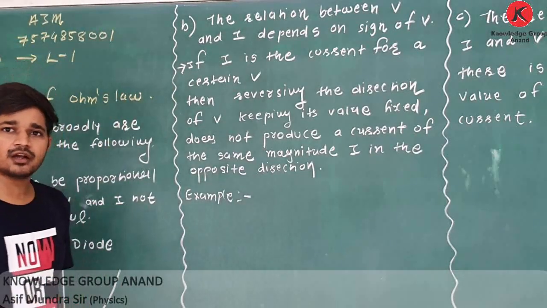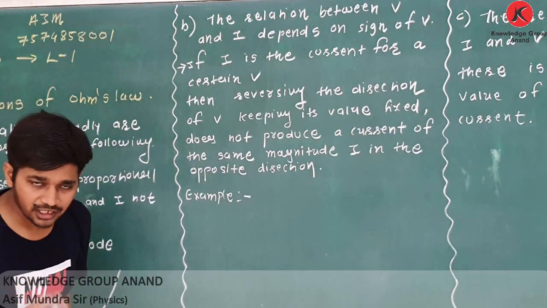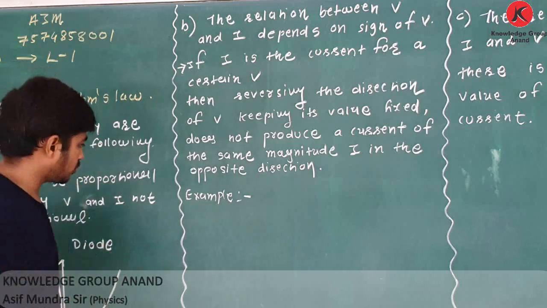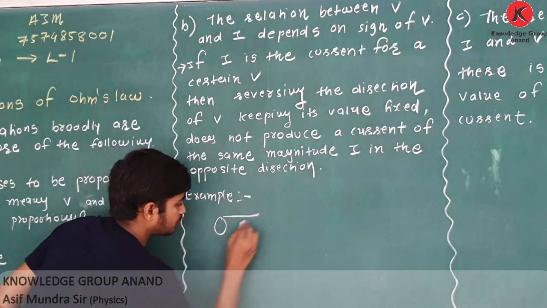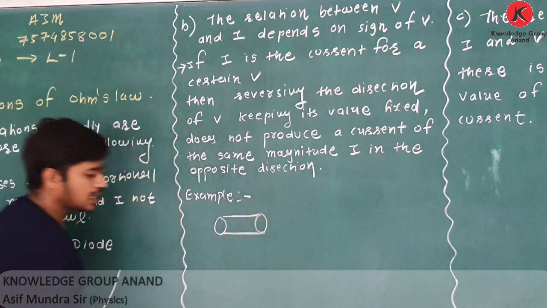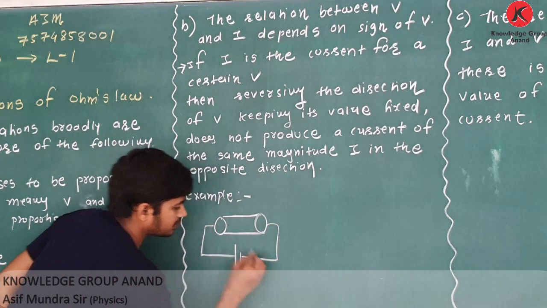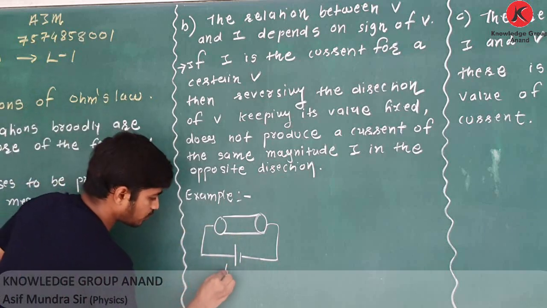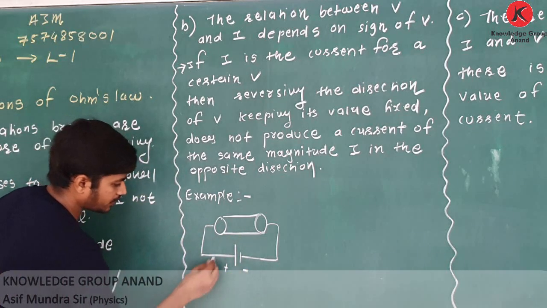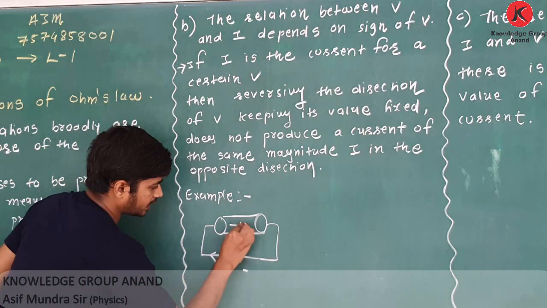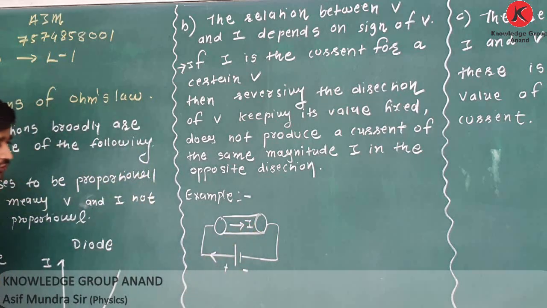If we take a metal conductor obeying Ohm's law, connected with a battery like this, with positive and negative terminals, the current flows in this direction.